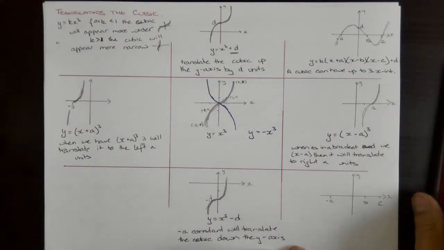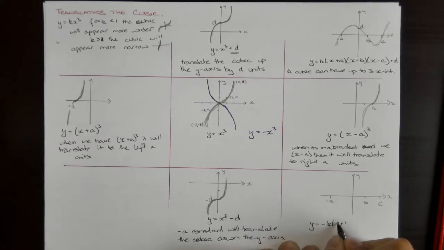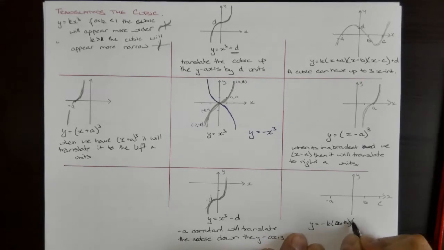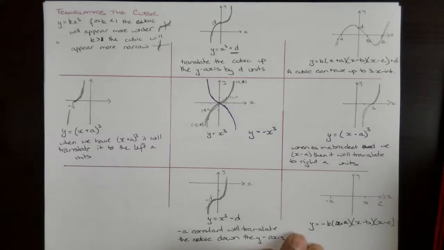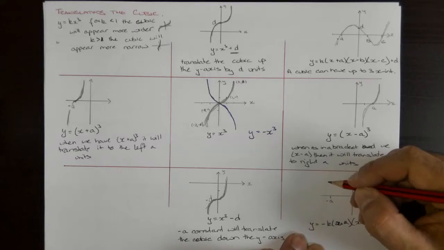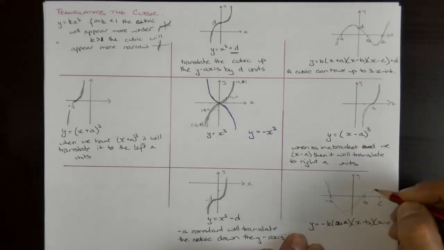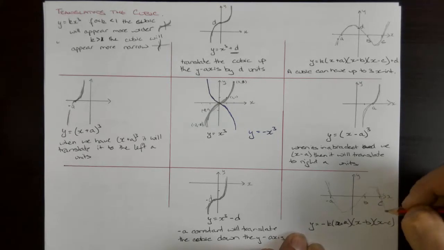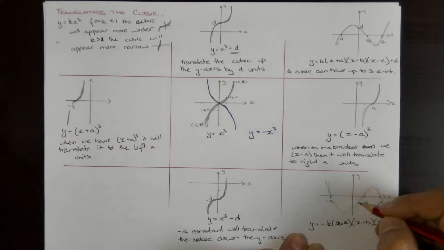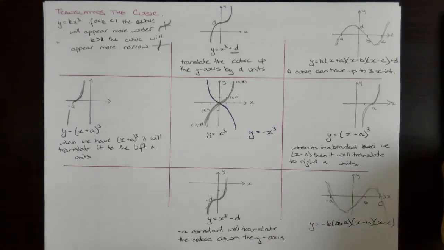So if I had y equals negative k, x plus a, x minus b, x minus c, because it's negative, it would go like that.